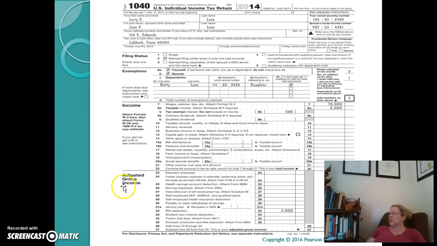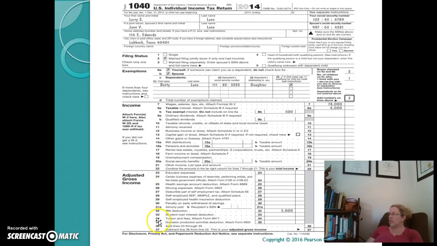The next section is where you're going to calculate your adjusted gross income. So from that income that you entered, you have certain deductions you can take. For example, there's a whole list of them here you can see, and you should go through and read them all, but 2 that might be of interest to you is number 33, the student loan interest deduction, and number 34, tuition and fees.